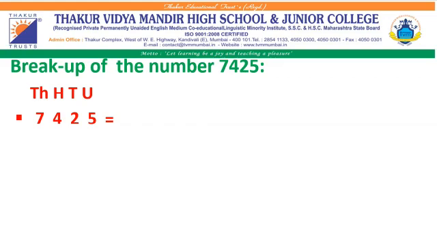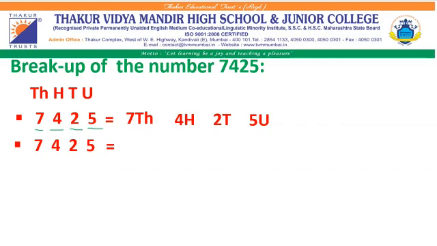First, we will take these numbers as a single digit. So it will be 7, 4, 2 and 5. And the breakup will be written as 7 hundreds 4 tens, 2 tens and 5 units. The same number with different breakup.